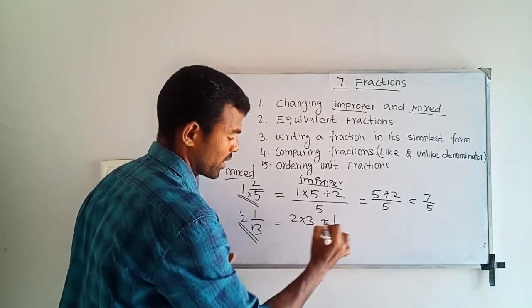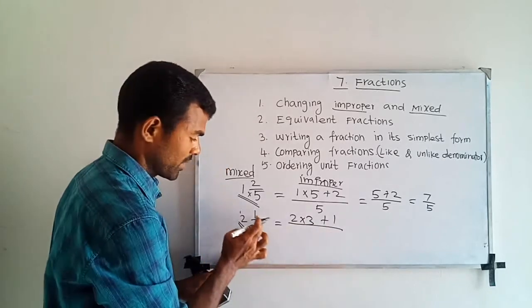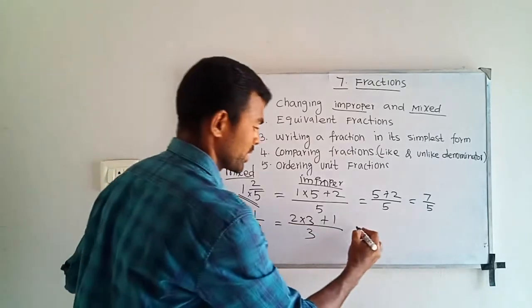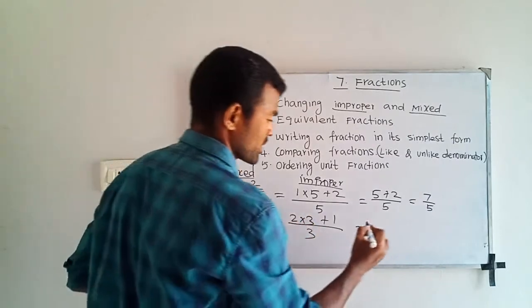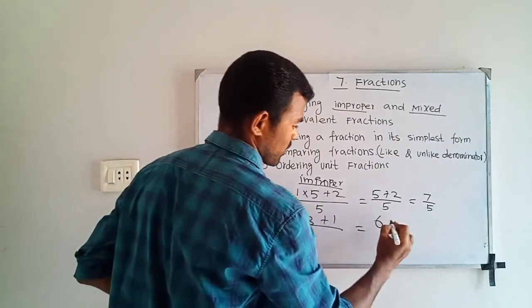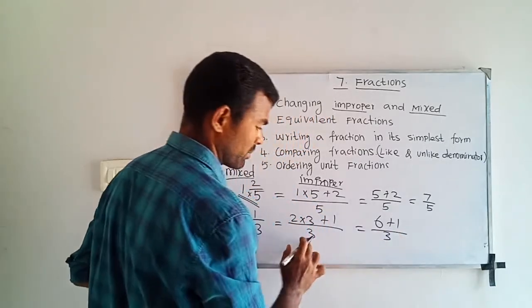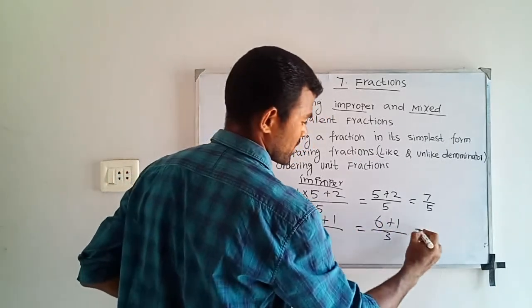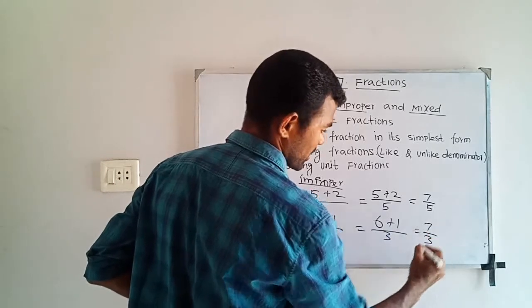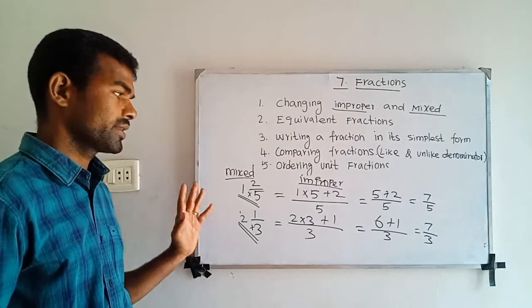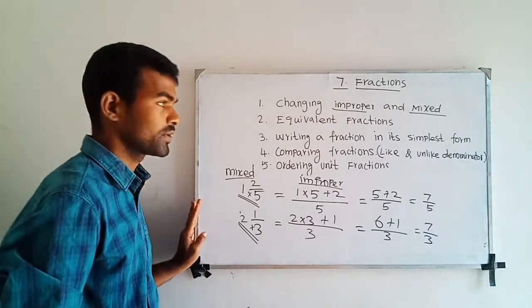Plus 1, divided by the number in the denominator, 3. 2 threes are 6, plus 1, divided by 3. Same denominator, right? 6 plus 1 is 7 by 3. This is the answer. I think you understood this concept.